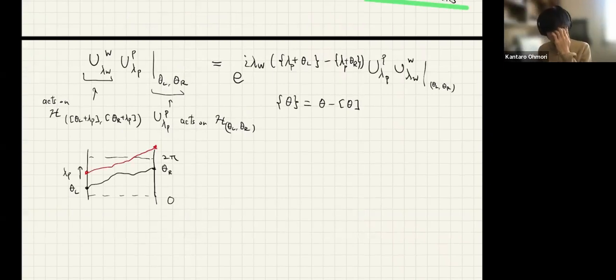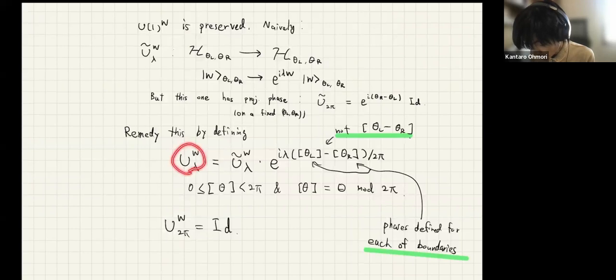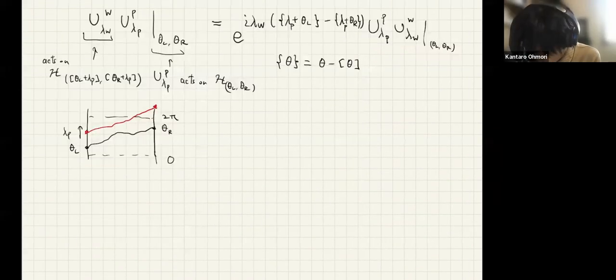But then if you use the definition of winding number by this, the winding shifted by this quantity, so this lambda P shift actually changes the winding. So this counts the winding. That's why there's a projective phase.